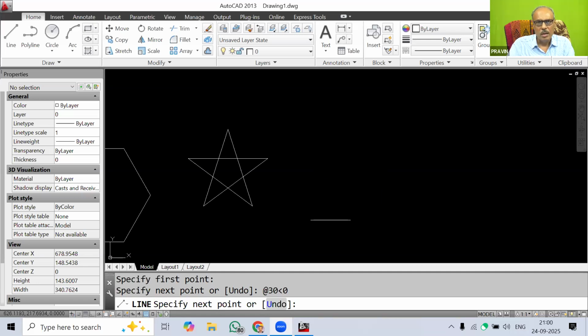Here you can see that I have taken one horizontal line. Then I will type @30<45. Now we do not take 90 yet; we have to increase the angle every time by 45.